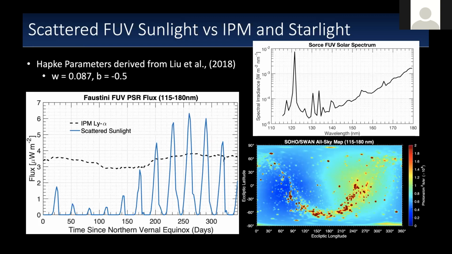So we gathered data from the SOURCE instrument, which collects daily spectra from the sun in the far ultraviolet region. And we applied our Hapke model using parameters derived from Liu et al., the single scattering albedo and B, which is a value used in the phase function. What we learned from this is that the sources of scattered sunlight and light from the interplanetary medium are fairly comparable, and scattered sunlight tends to exceed that of the interplanetary medium during the summer.